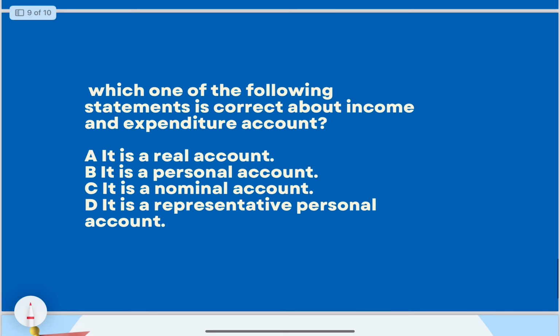So the second one: which one of the following statements is correct about income and expenditure account? It is a nominal account. So income and expenditure account comes under the nominal account. Why? Nominal accounts are always related to income or gains, right?